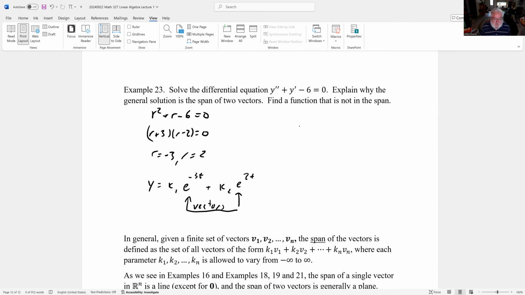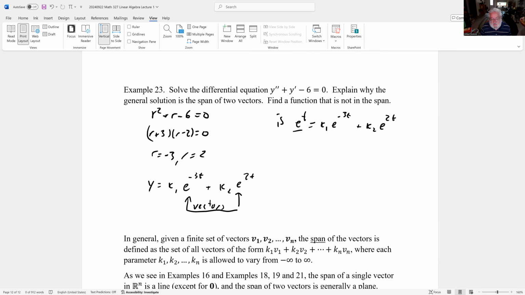So it's the span of those two vectors. What's a function that's not in that span? Well, e to the t. So how do you go about showing that this is not a linear combination? Well, there's no k1 and k2 that give you e to the t.